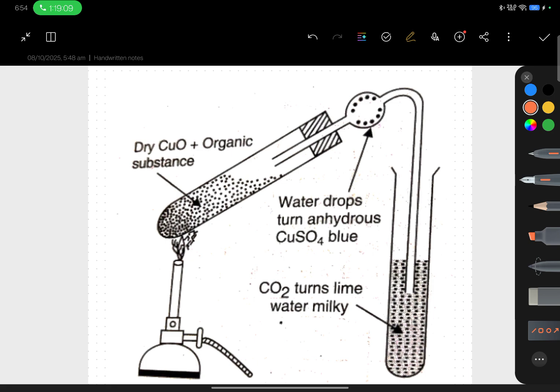When it is heated, the carbon in the organic compound becomes carbon dioxide. The hydrogen in the organic compound becomes water. The carbon dioxide turns lime water milky, while the water will change the white copper sulfate to blue.